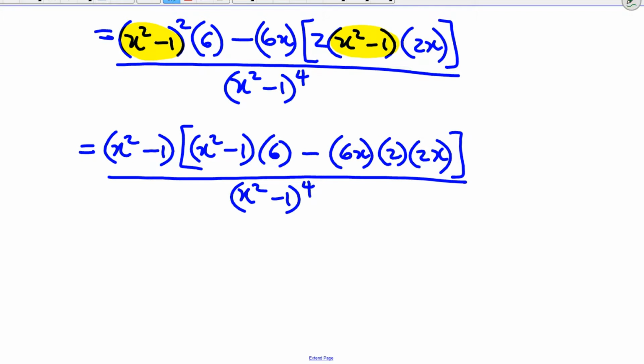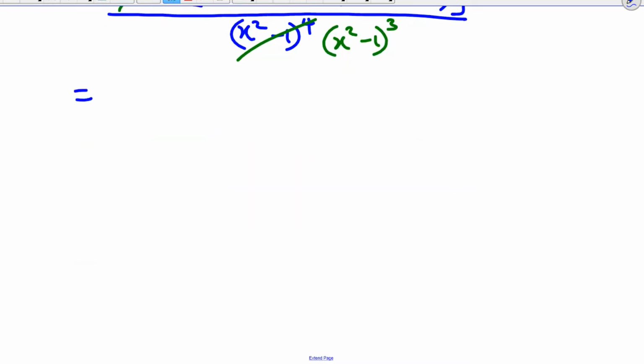Now this will cancel with that, so I'll have (x squared minus 1) to the power of 3. My new expression, I just need more space, so let me turn the page.